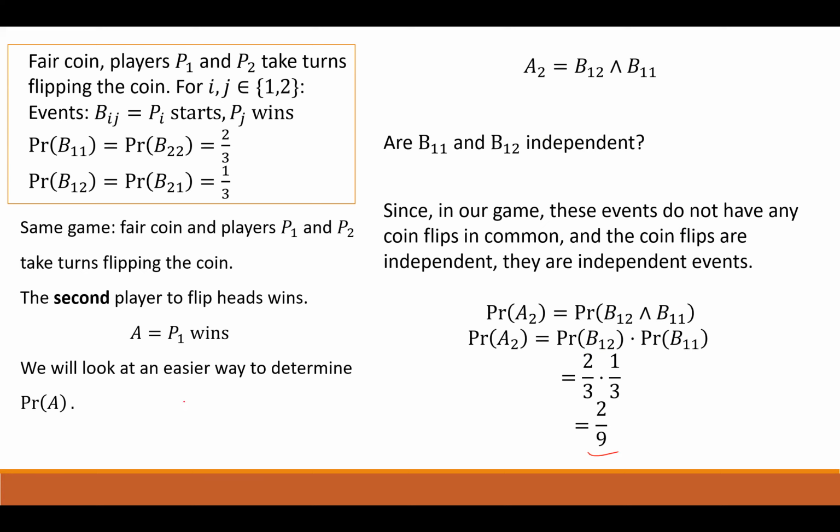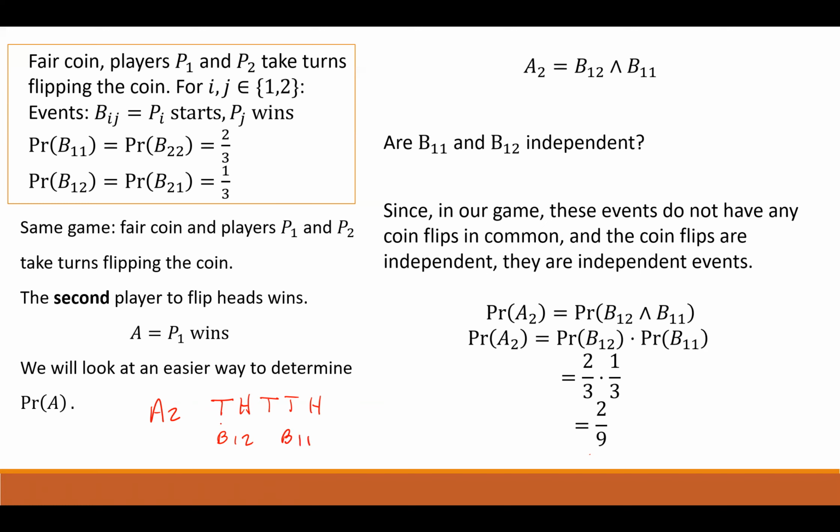So I can look at A2. Let's say one of the outcomes of A2 is player one starts, I get tails, heads, right? This is my B12, and then followed by, well, player one starts again, tails, tails, tails, heads. And this is B11.